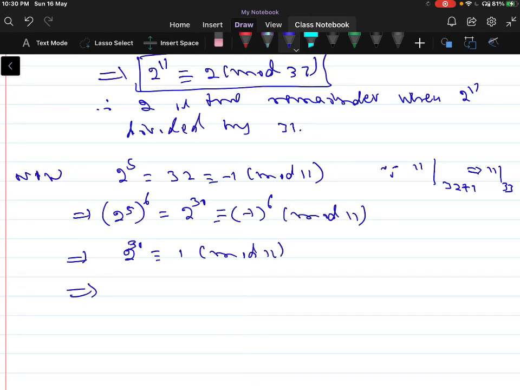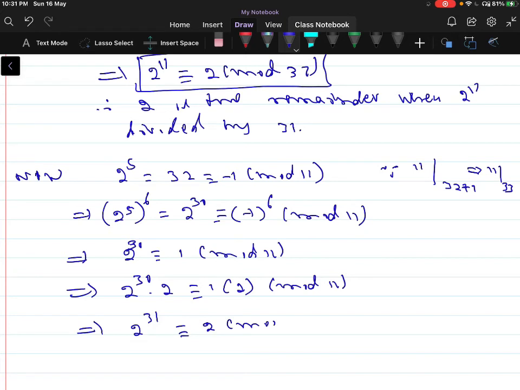Multiplying throughout the equation by 2, 2 power 30 into 2 is congruent to 1 into 2 modulo 11. So this implies 2 power 31 is congruent to 2 modulo 11.